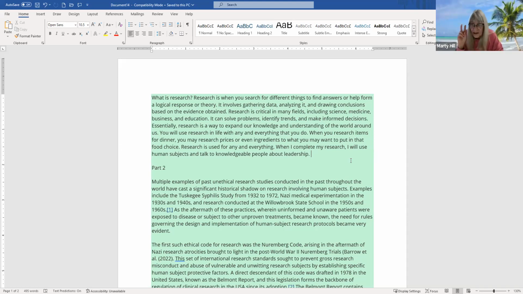For each discussion question, you have to post 2 substantiated discussions. If you notice at the very top of each discussion prompt, it states the expectations. Let me bring that up.